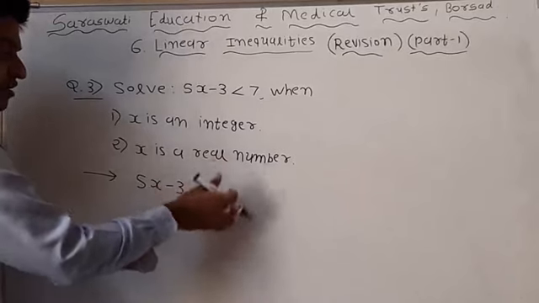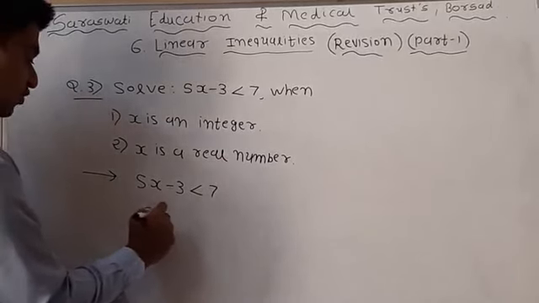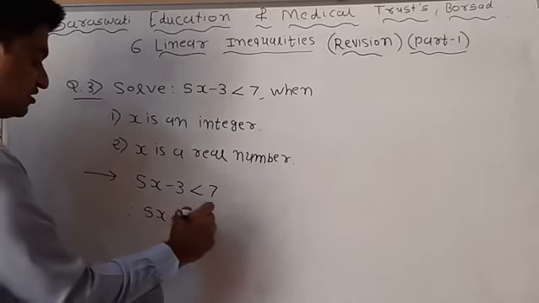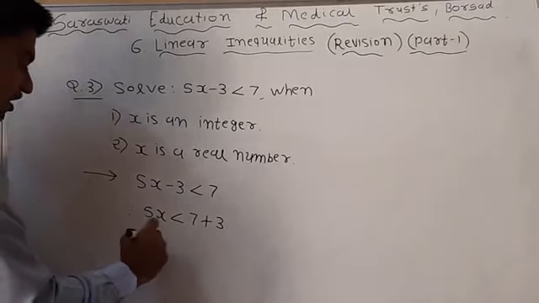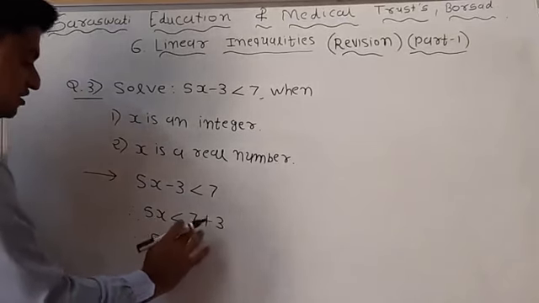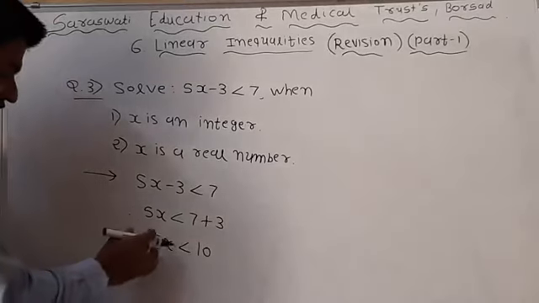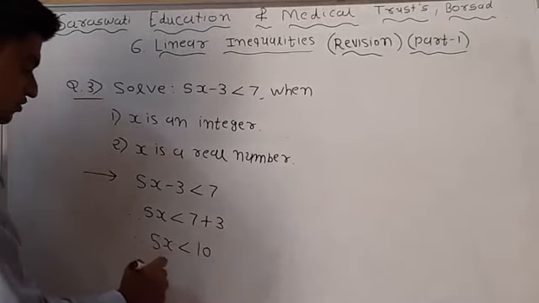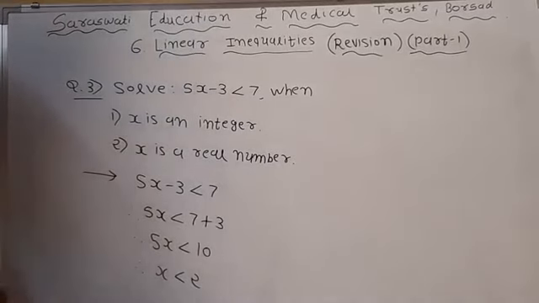Move minus 3 to the opposite side and change the sign. Therefore 5x less than 7 plus 3, that means 10. Now divide by 5. So x less than 10 divided by 5, that means 2.